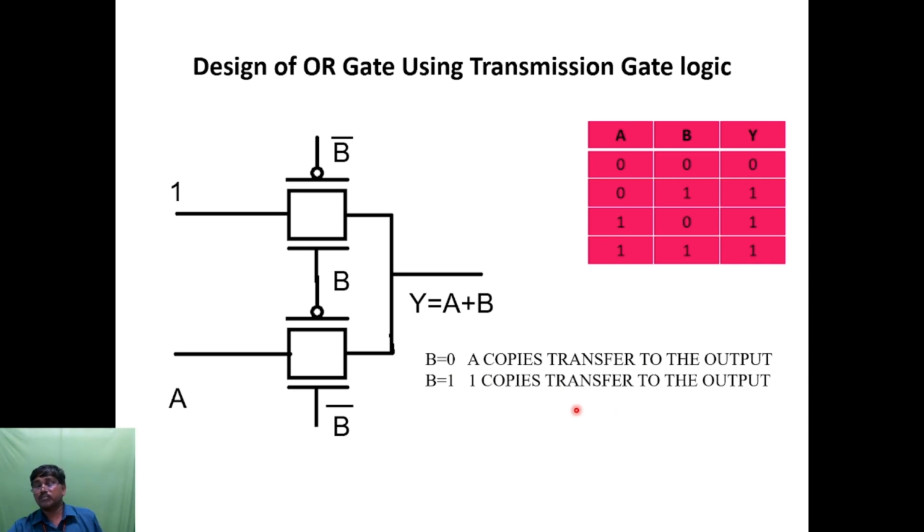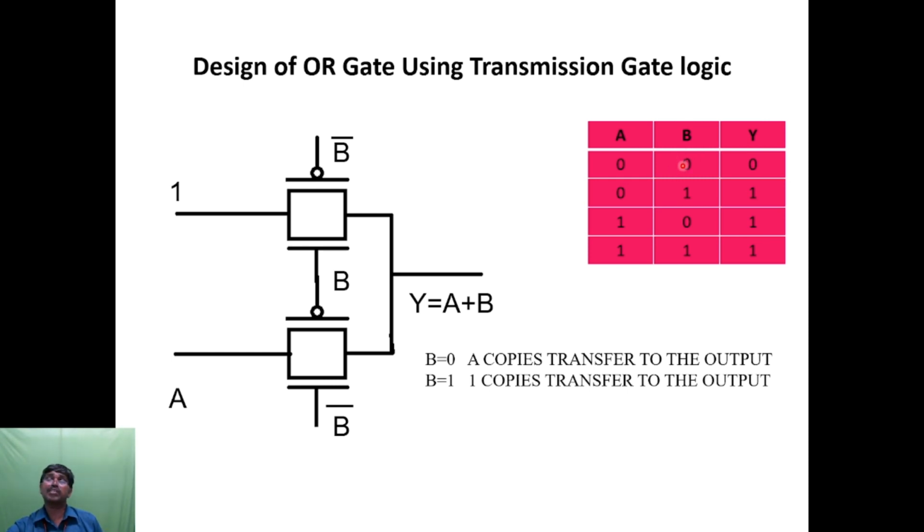Next we have to see the OR gate using a transmission gate. Last time we saw the same truth table: when both are 0, the output will be 0, and when any one of the inputs is high, definitely the output will be high. Now we have to design it. Before designing, first we have to check the control input when both are 0.